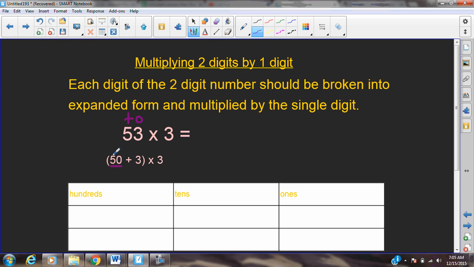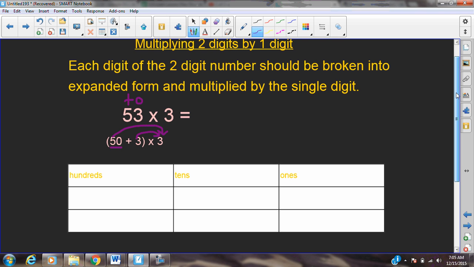I am then going to multiply 50 times 3, that's my tens times my ones, and then my 3 times 3, that's my ones times my ones. And so this is how you should be doing it. This is really called the distributive property. This is how multiplication works.